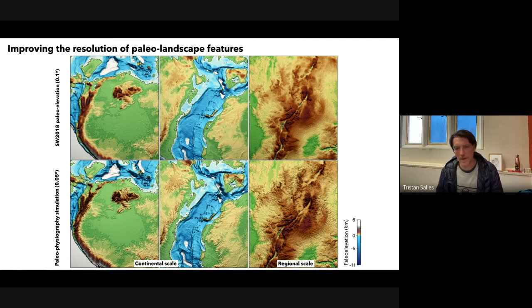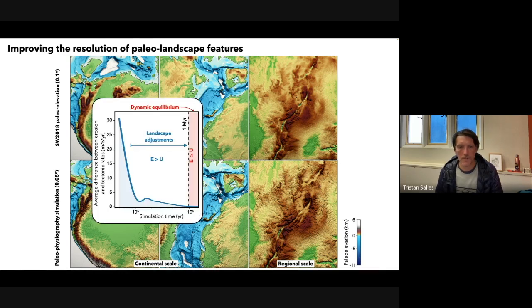And the way we do that, we basically use the same approach as what they do in a paleoclimate model. We run the model by imposing the paleoclimate and the tectonics, and reaching what we call a dynamic equilibrium, which is basically when the erosion is compensated by the amount of uplift that you've got.